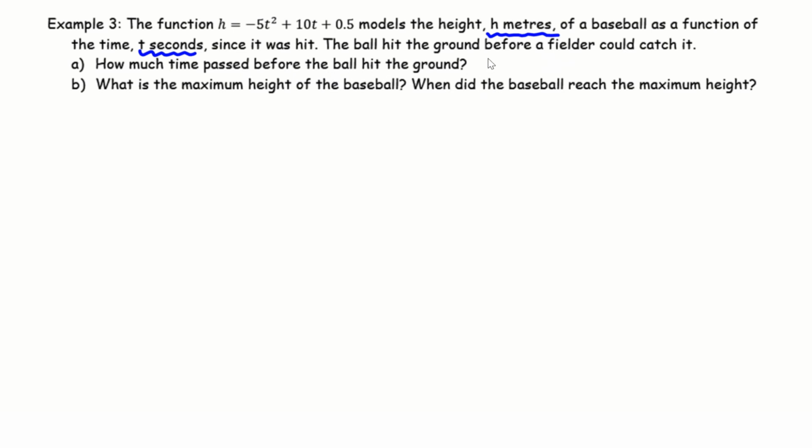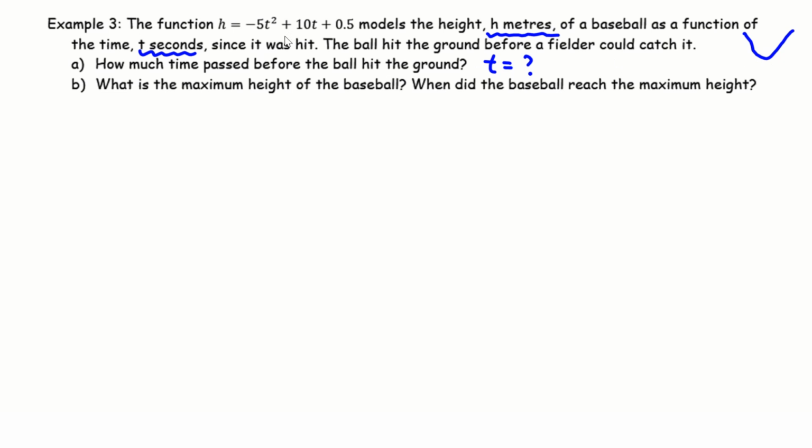So how much time means you are looking for time. And in the given equation, you have h and t, two variables in one equation. We don't know how to solve it because it represents a curve. You have infinite numbers of points that satisfy this equation.